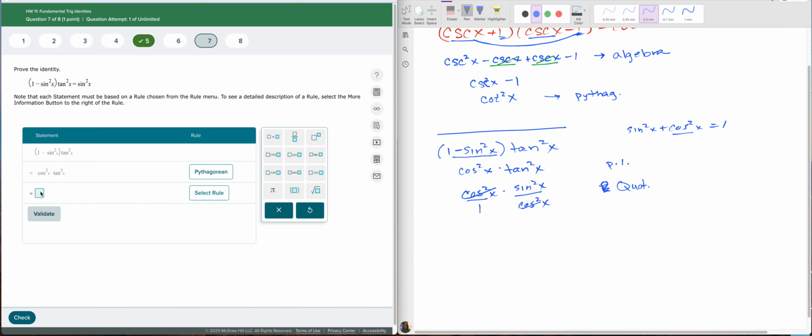So let's do that. Next step, we'll rewrite tangent in terms of sine and cosine, times a fraction, so that's sine squared x over cosine squared x.